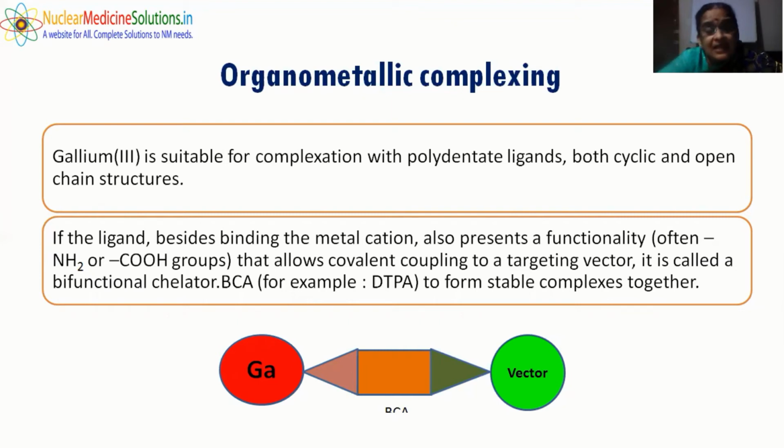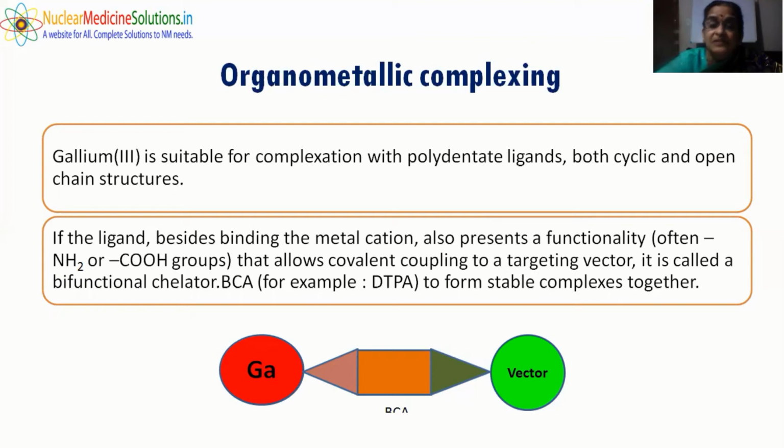A very common example is diethylene triamine pentaacetic acid, DTPA, commonly used with technetium-99m as a renal agent, a glomerular functioning agent. That DTPA works here also as a bifunctional chelating agent to form stable complexes together.